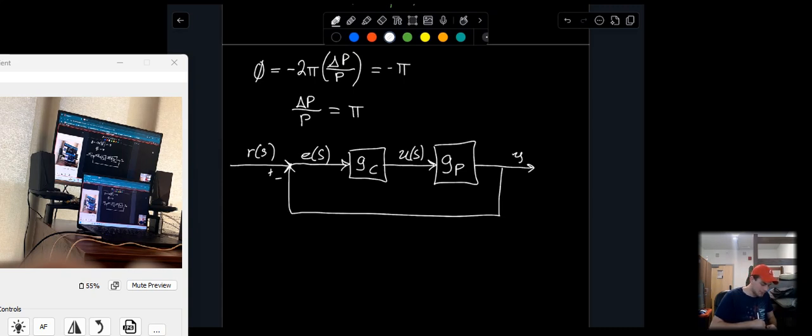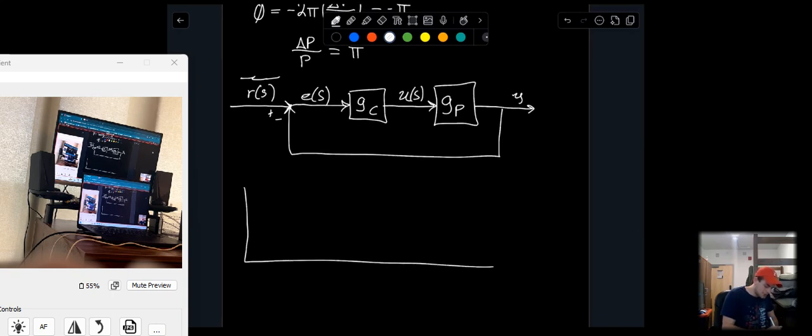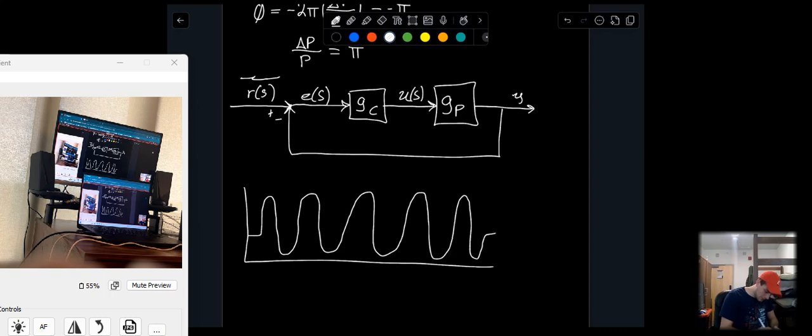So in this case, the trajectory of this wave, this oscillation of our set point, is perfectly out of phase with our output.